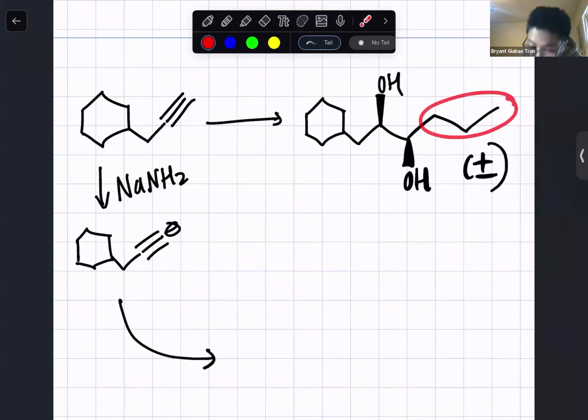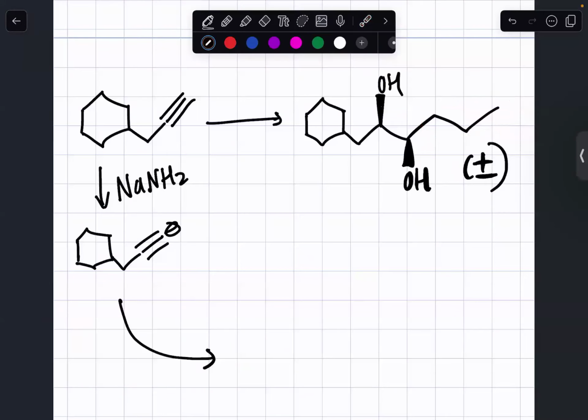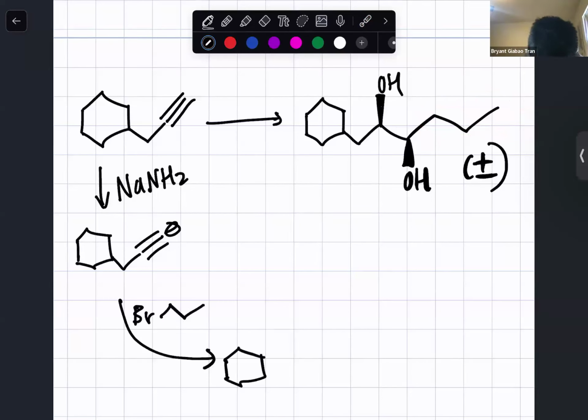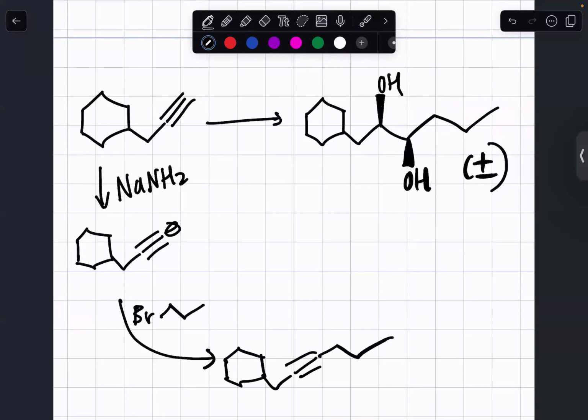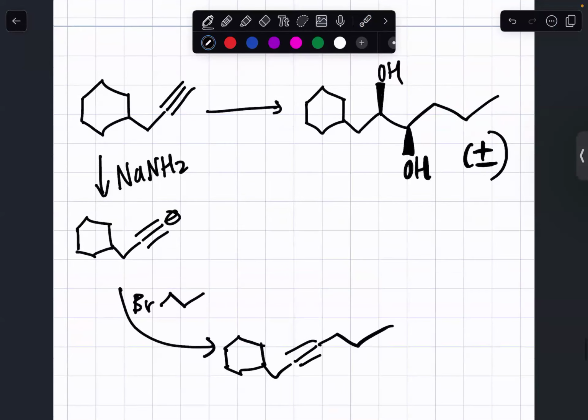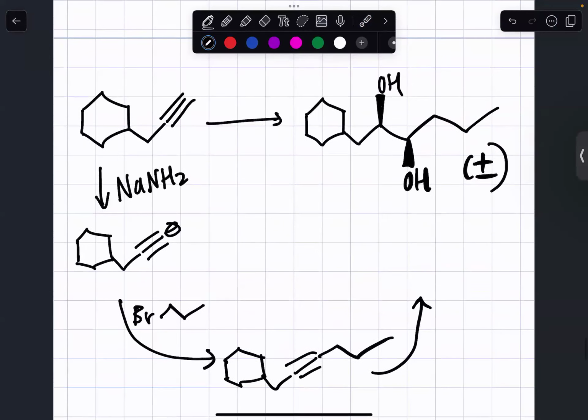Which we want to add that alkane chain right there. And then do we make the triple bond into a double bond by using, oh no, this is trans. It'd be trans, so we'd use sodium and NH3.